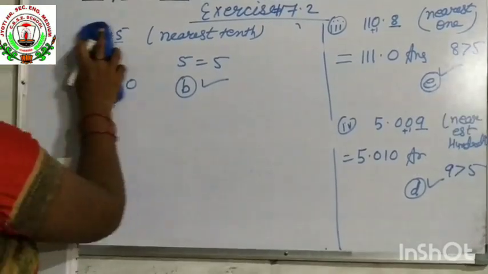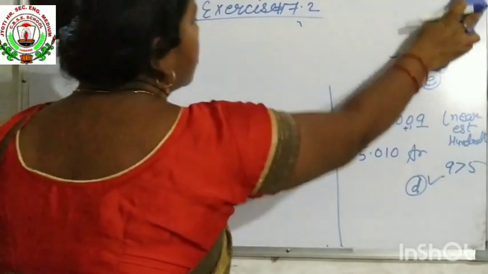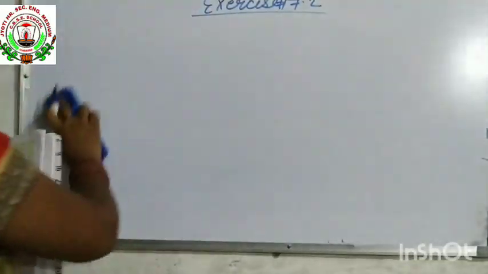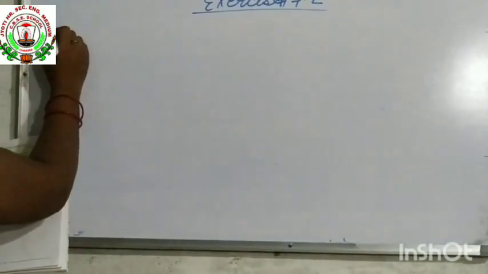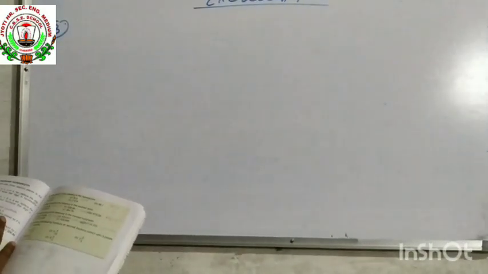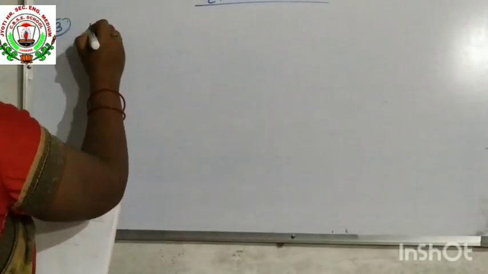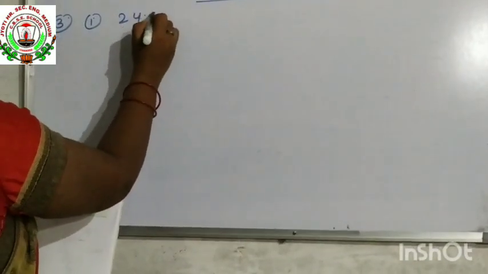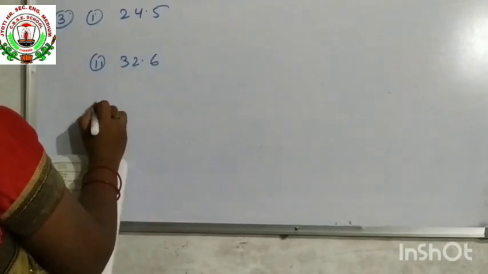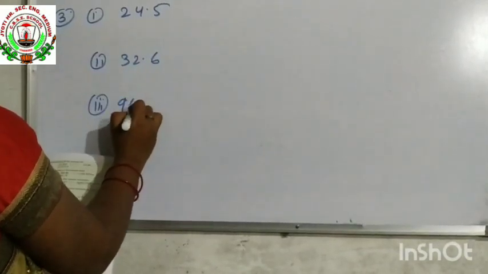Now question number 2 is omitted. We will start question number 3. That is your question number 3. Round each of the following to the nearest one. Number 1 is 24.5, number 2 is 32.6 and number 3 is 96.7.